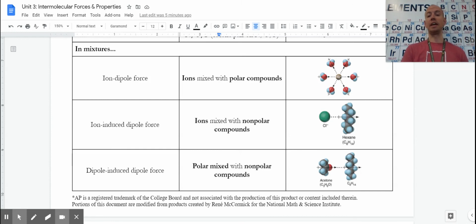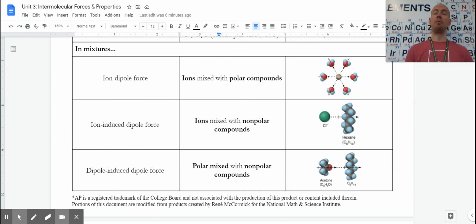When a polar thing is mixed with a nonpolar thing, then we would have a dipole for our polar thing and an induced dipole for our nonpolar thing. Nonpolar compounds have induced dipoles, very similar to the way that we can stick a balloon to a wall and make that attraction temporarily by kind of moving the electrons around.